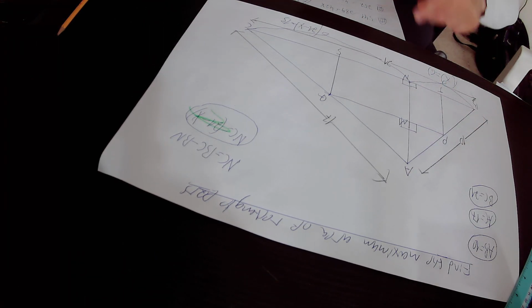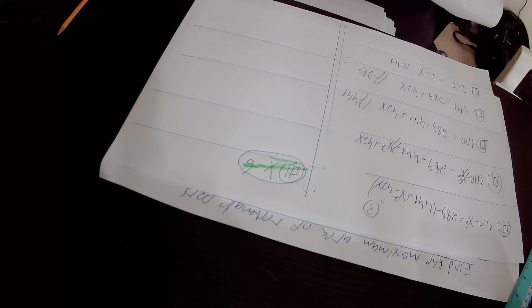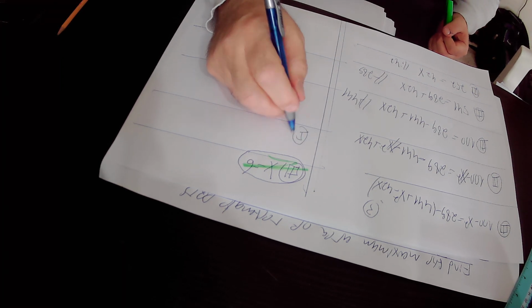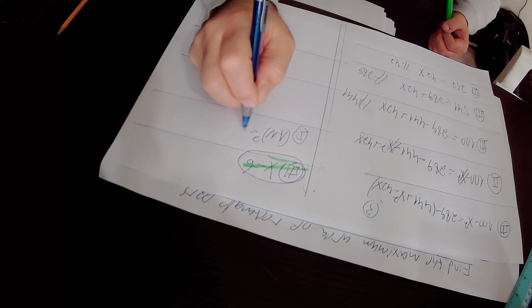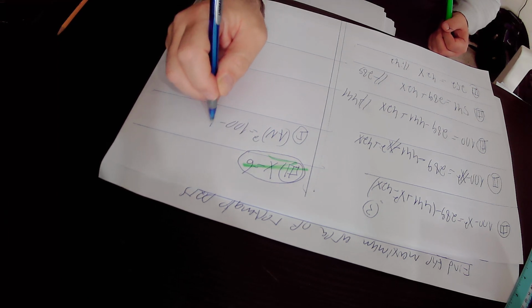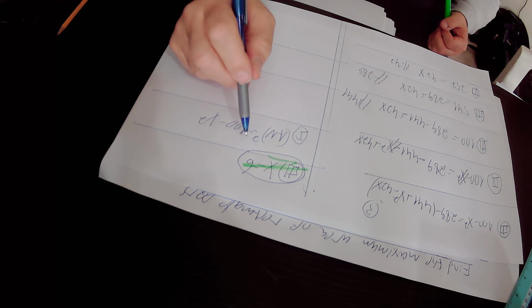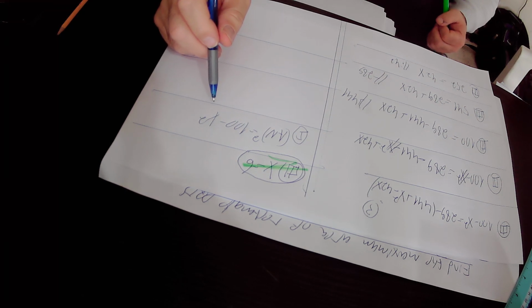In the next step, we return to equation 1. According to equation 1, AN squared equals 100 minus x squared, and x equals 6, therefore x squared is 6 squared, that is 36.